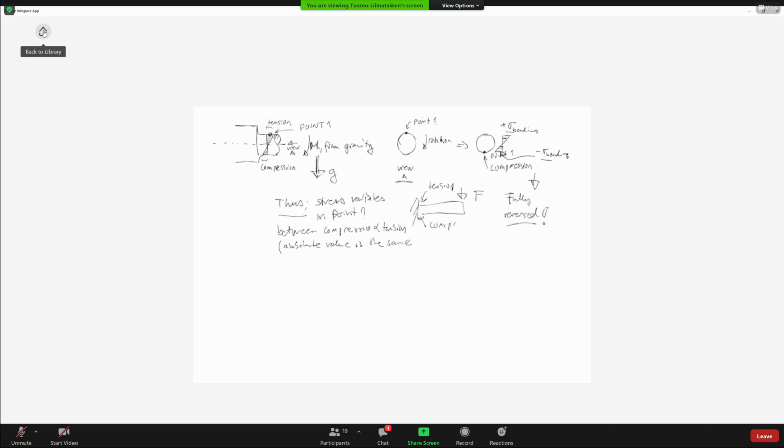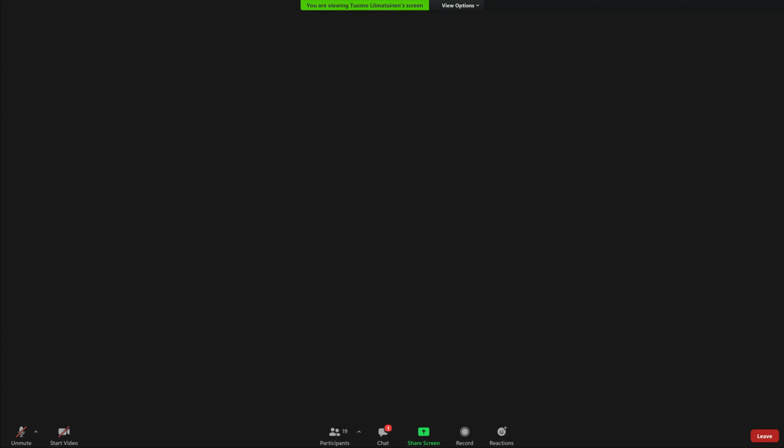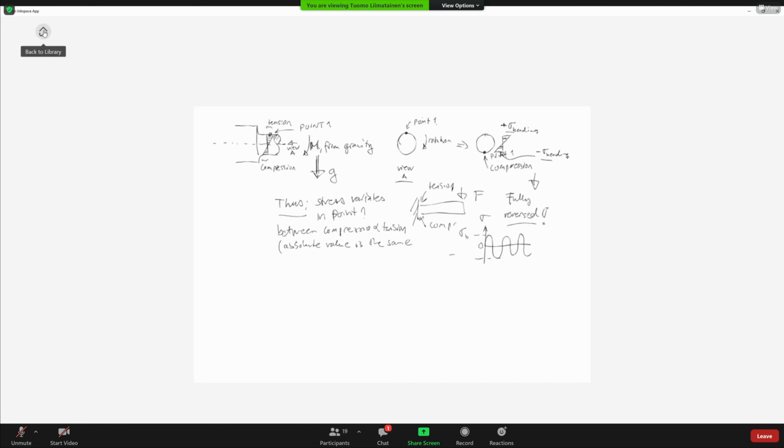Because it's varying between plus and minus the same value. Yes, so mean is just the average, the center, that is 0 right here.